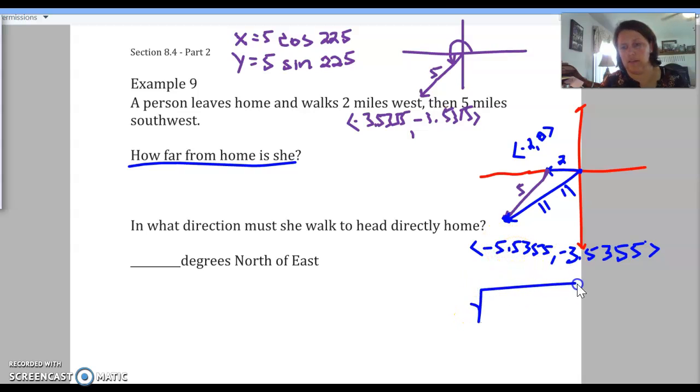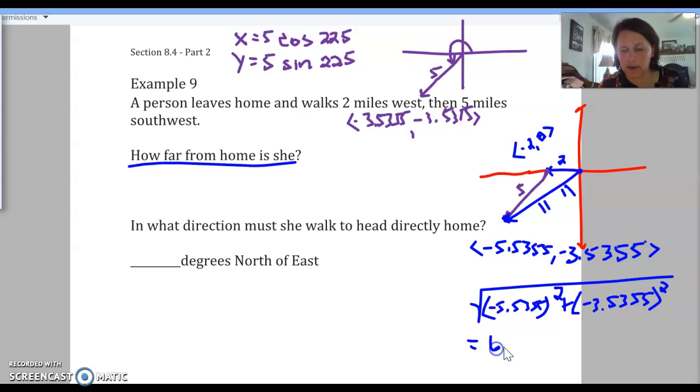So magnitude is going to be -5.5355 squared plus -3.5355 squared. Okay, which doing all of that, you end up with 6.568. So she ends up being 6.568 miles from home. And that's the magnitude of that vector right there.